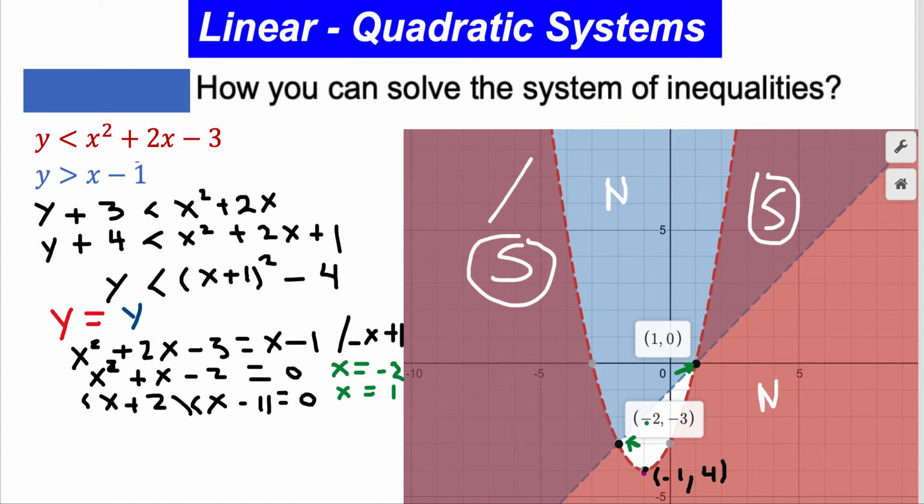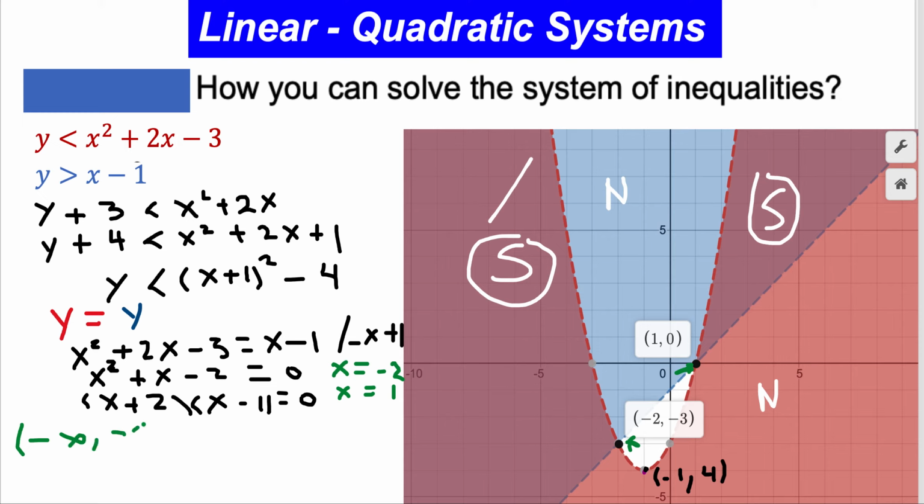So the solution. But if we want to know in what interval the solution is, the solution is here, from minus infinity to minus 2, but does not include minus 2.